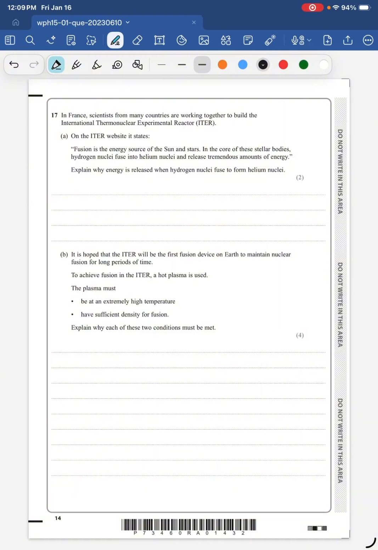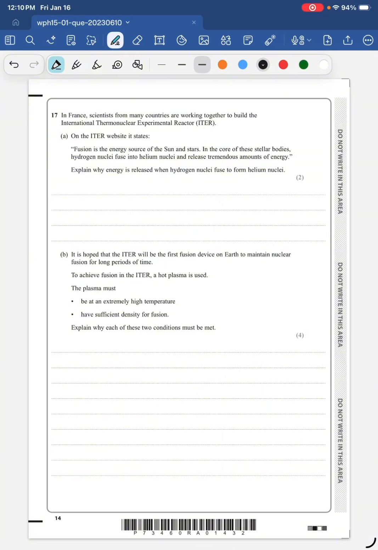Part A, on the ITER website, it states that fusion is the energy source of the sun and stars. In the core of these stellar bodies, hydrogen nuclei fuse into helium nuclei and release tremendous amounts of energy. Explain why energy is released when hydrogen nuclei fuse to form helium nuclei.